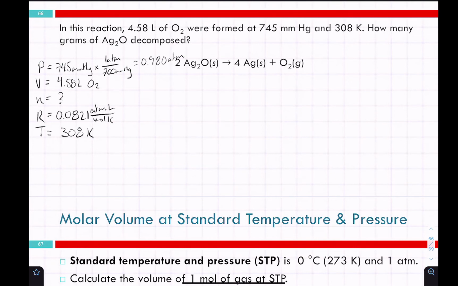So 0.980 atmospheres times 4.58 liters equals the number of moles, n, times 0.0821 atmosphere liter per mole Kelvin times 308 Kelvin.